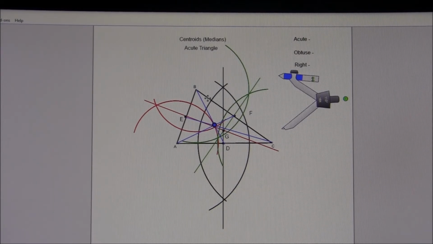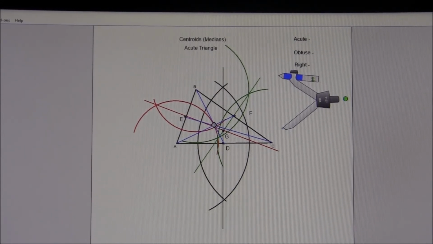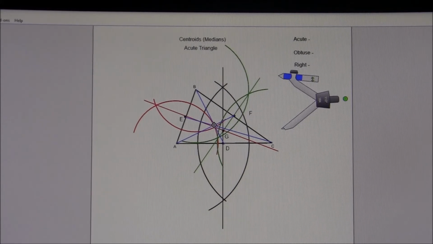So where are these medians used? This is where you balance things out. If you ever wondered how circus people balance plates or balance a person or whatever, they find the centroid, the very center of that object, and you can balance it.